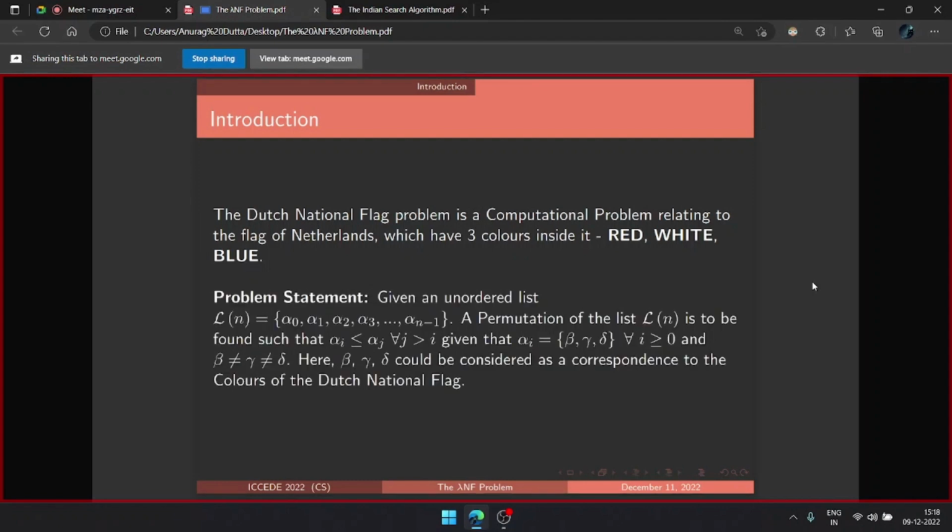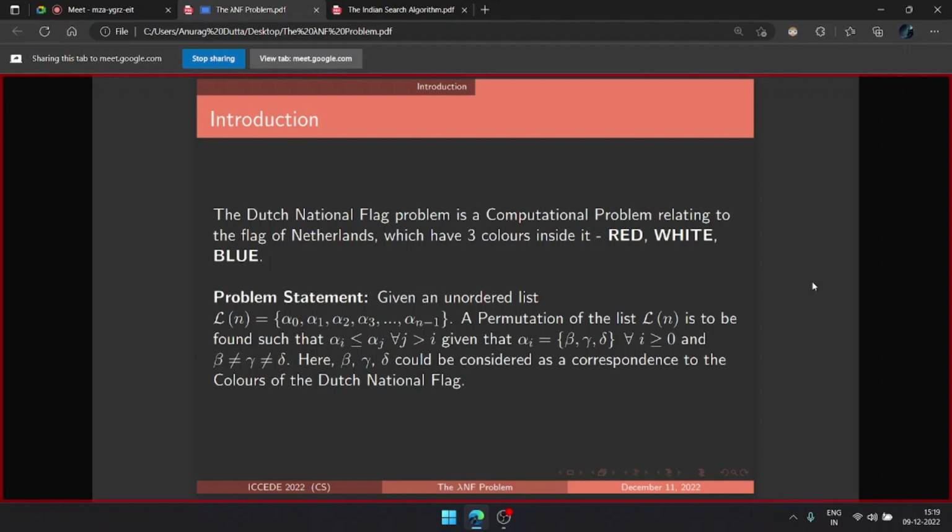The problem statement is such that, given an unordered list, we have to find a permutation of that list such that the ith value is less than or equal to the jth value, where j is greater than i.